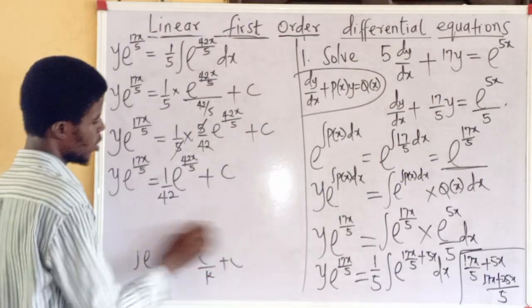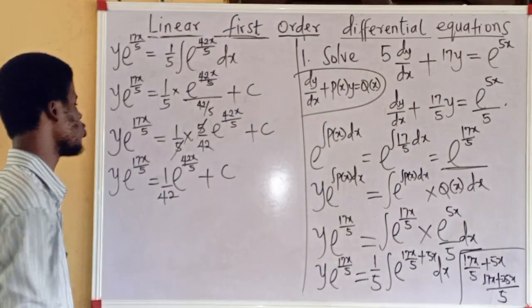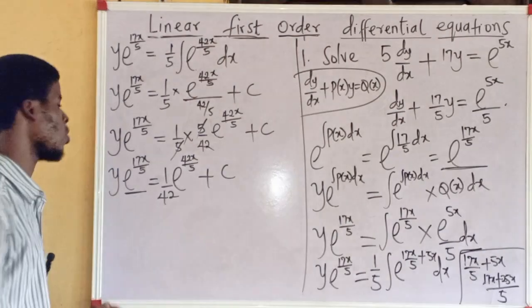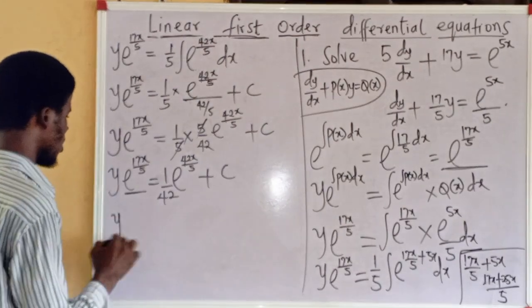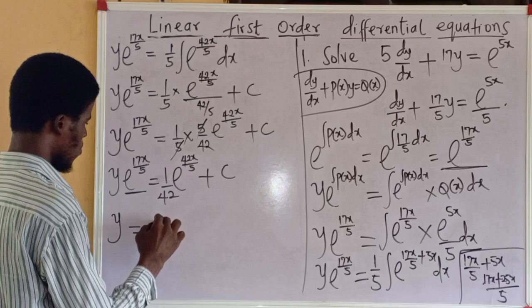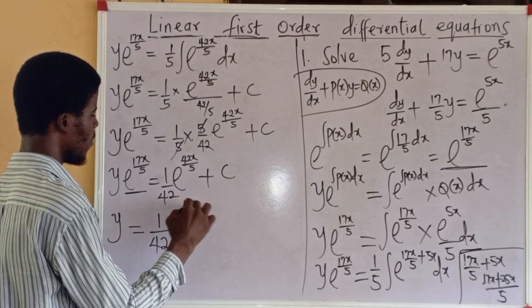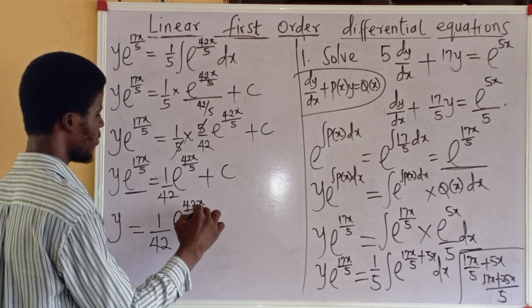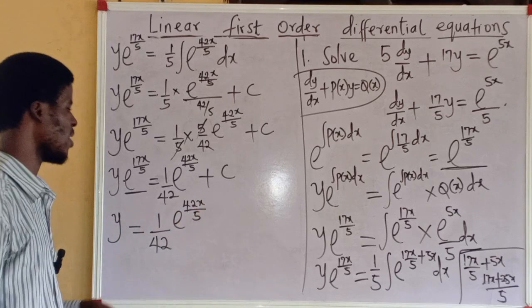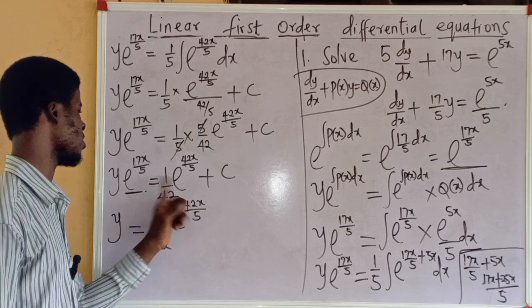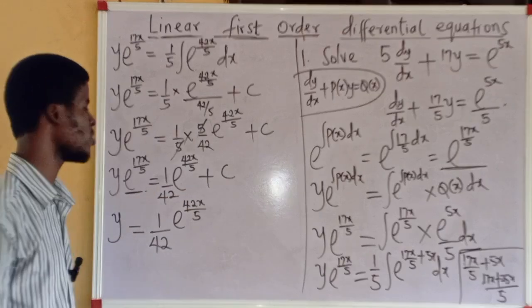So, just one more step, let us divide through by this, so that y will be standing alone at the left hand side. So y is now equal to 1 upon 42 times e to the power of 42x over 5. Okay, if I'm dividing this by this, since they have the same base, I'll just apply the law of indices.